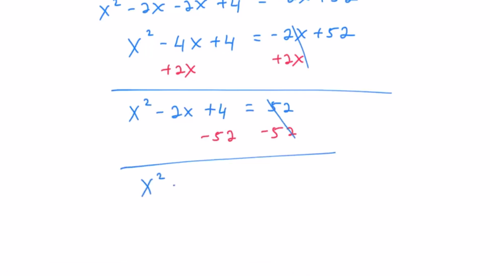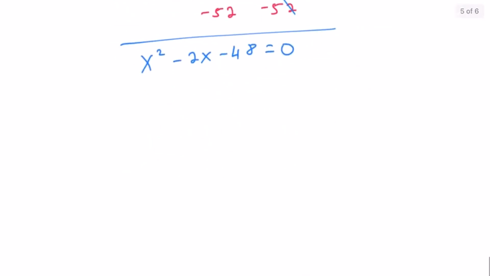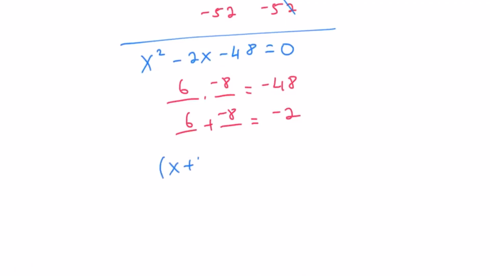So we have x squared minus 2x minus 48 is equal to 0. Let's try and factor this. We need two numbers that multiply give us negative 48, but when we add, we get negative 2. So this is 6 and negative 8. So we have x plus 6 times x minus 8 is equal to 0.